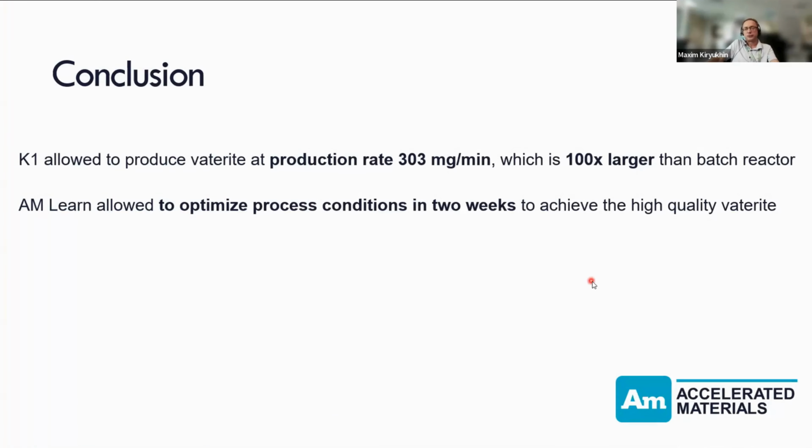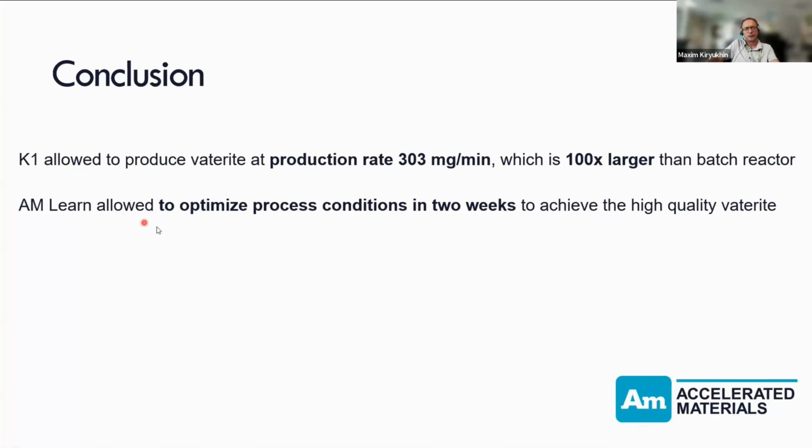So, just concluding, essentially in this student project, in 2 weeks, we managed to produce high quality vaterite at a production rate of about 300 milligrams per minute, which was 100 times larger than a batch reactor commonly used.